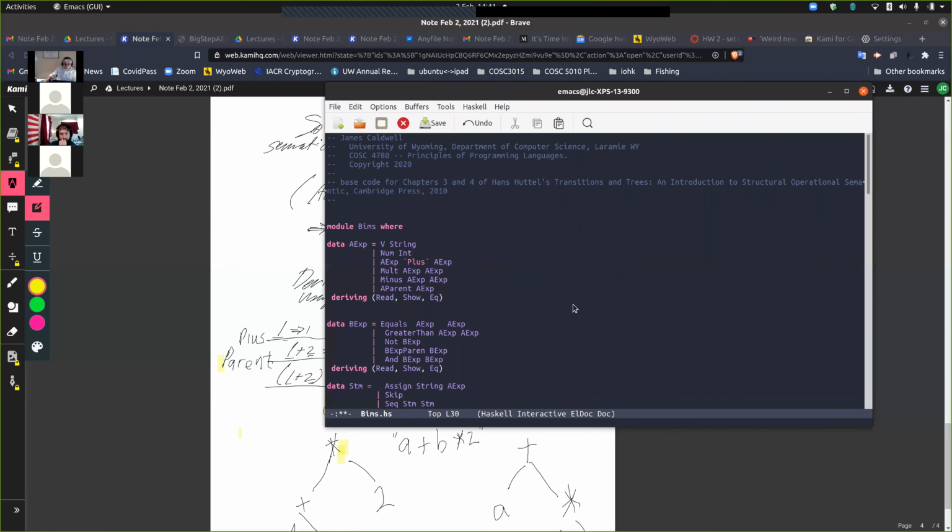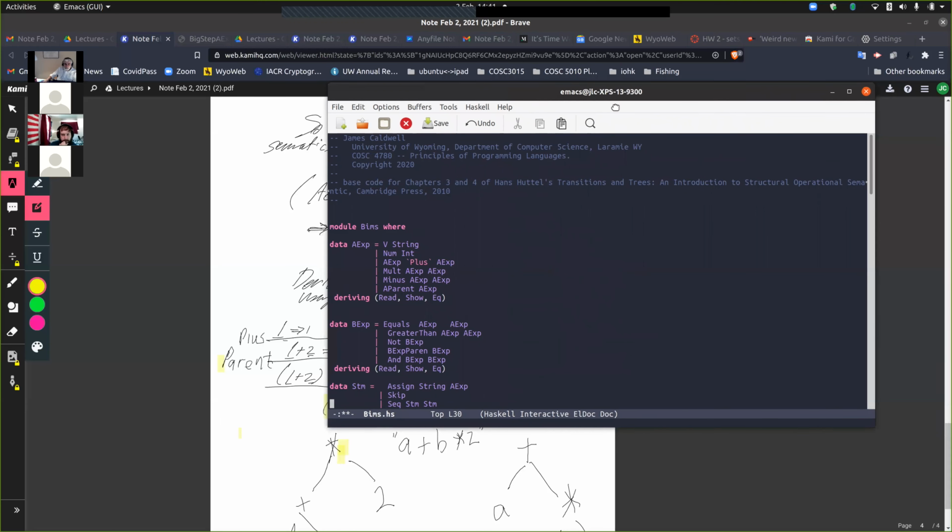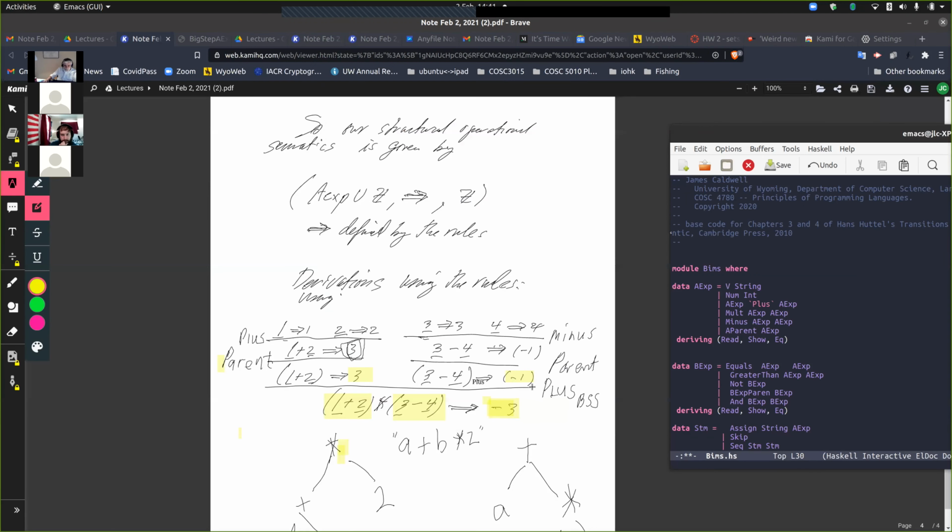So I'll probably give you this code, and I will put up a homework and ask you to maybe, I don't know. The next part was you can also see these rules as describing a derivation tree. This is a derivation that shows that this syntactic A expression evaluates to this integer.